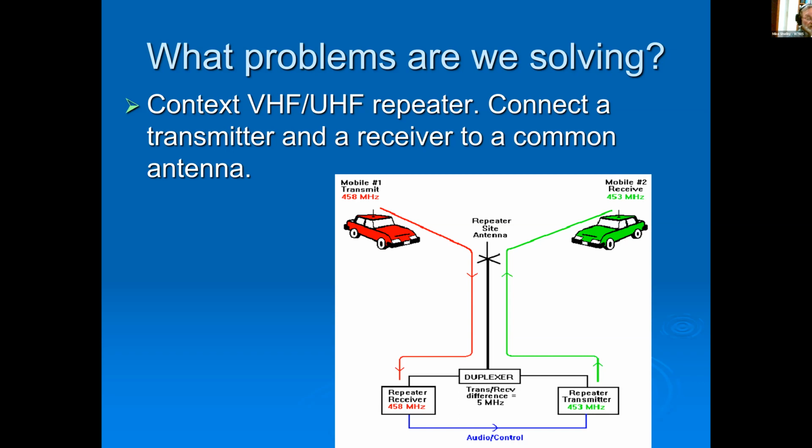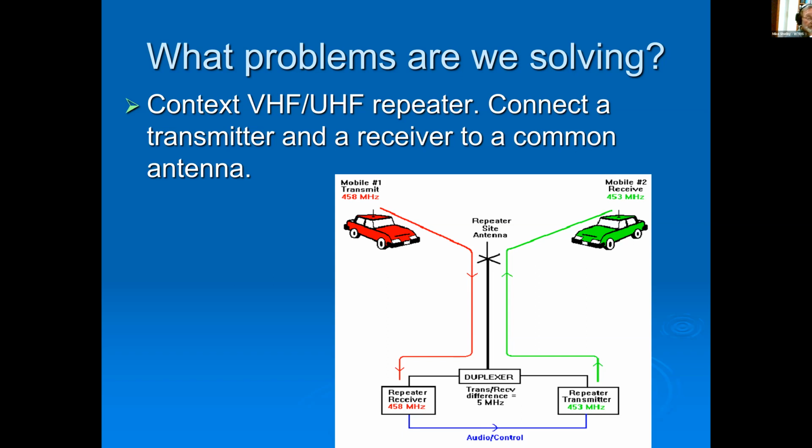So this duplexer has very steep, very severe bandpass filters in it, so the receiver will not see what's going on with the transmitter, even though it's right next to it, transmitting on the same piece of aluminum out there.